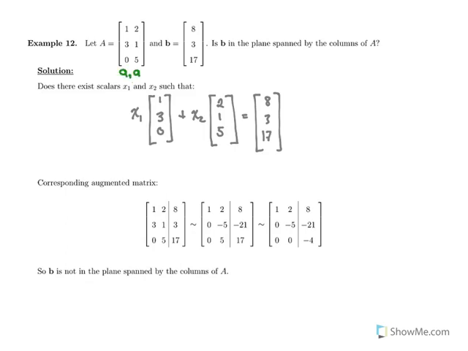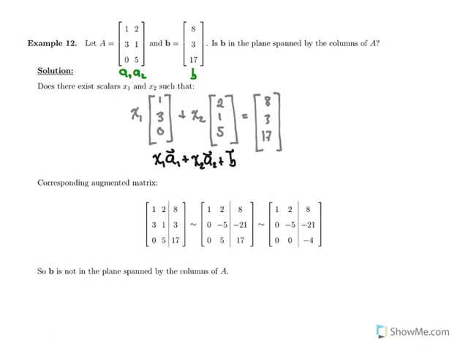This is similar to a question that we've answered before. If we think about these vectors as A1, A2, and B, then we're just answering the question, is there a solution to this linear equation? And we can do that by setting up a system of linear equations, which we kind of already have, and putting it into an augmented matrix, and then row reducing and solving.